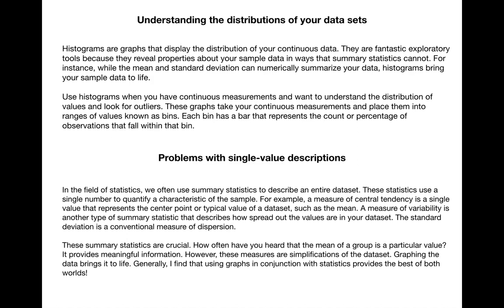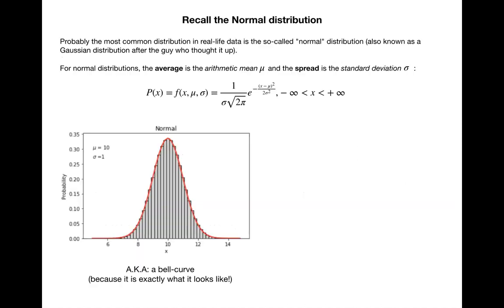Other than that, without further information, you don't have a good understanding of what your data actually look like. So these measures are important, but they're way oversimplified. Graphing the data brings it back to life, and the histogram is probably the most important thing that you need to learn about basic statistics in Python.